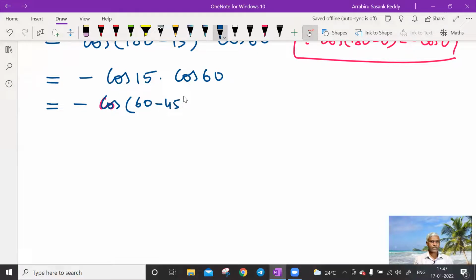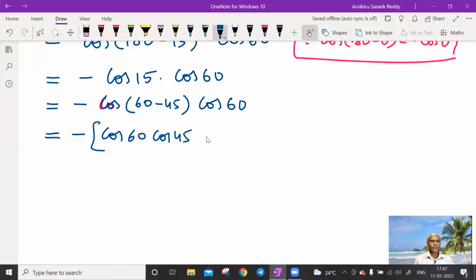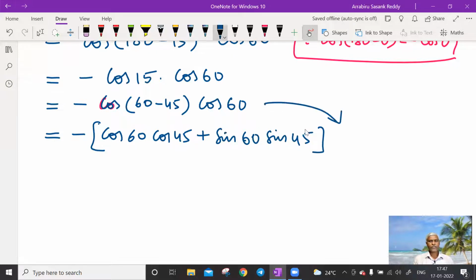Taking 60 minus 45, and cos 60. Using cos A minus B, which is cos A cos B plus sin A sin B, cos 60 value is 1 by 2.